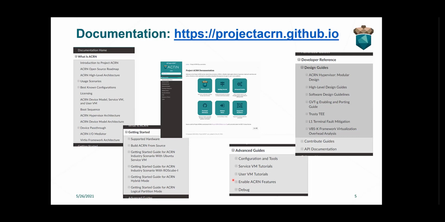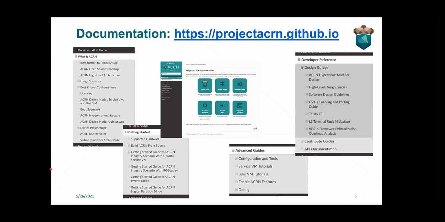But sometimes you also need to debug other problems, like a particular user VM not starting up, or perhaps a specific OS not starting up, or a feature not being exposed correctly and stuff like that. So we have a number of guides that can help you at least do the initial debugging steps. And like I said earlier, you have a set of resources as well available to you through the mailing list or GitHub if more help is needed.